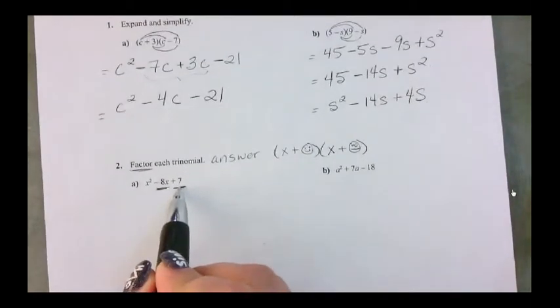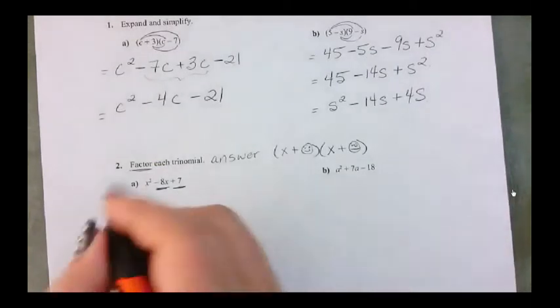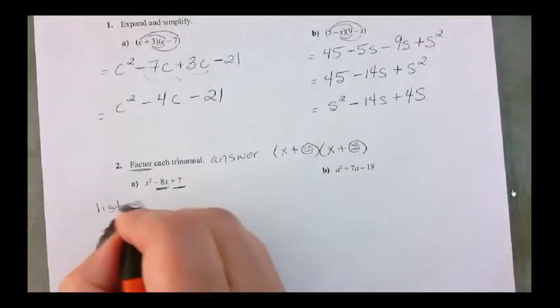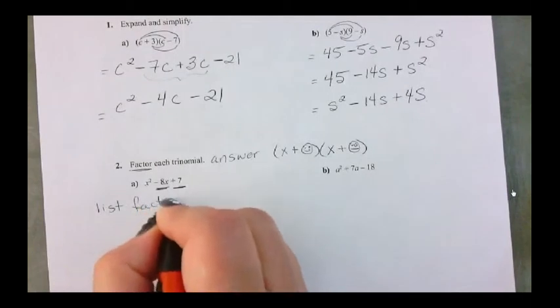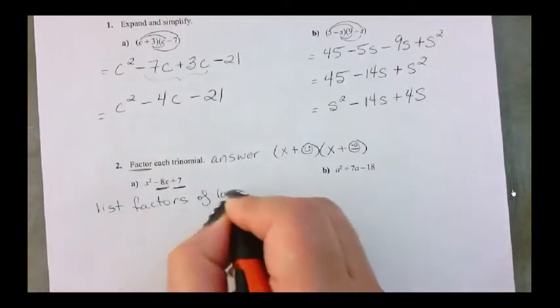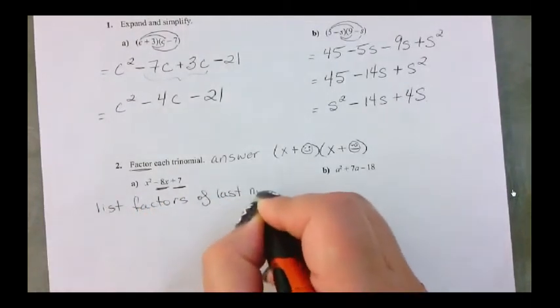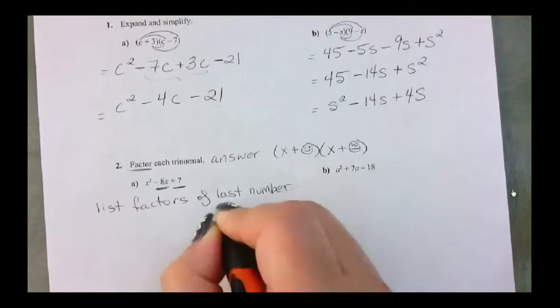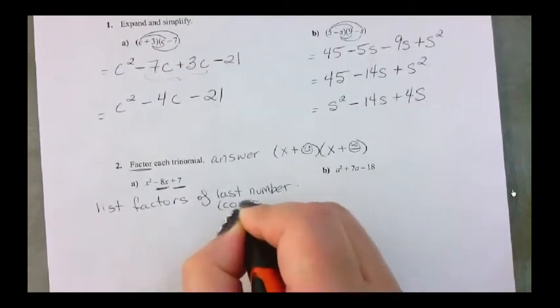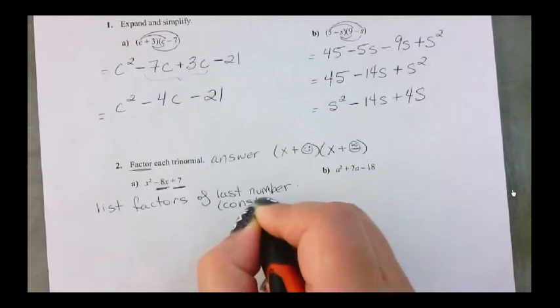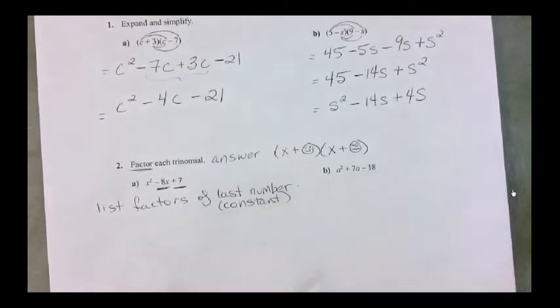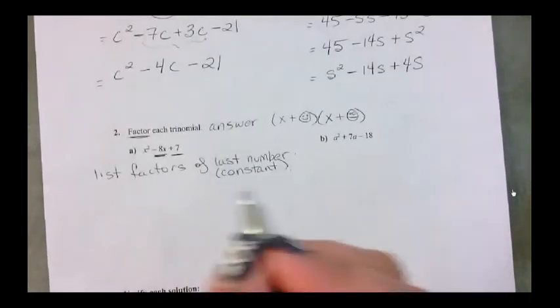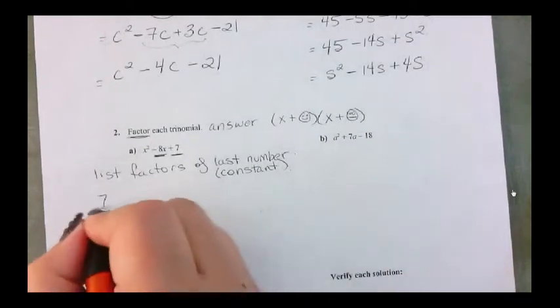Divide, or I look for the factors, right? So what are all the factors of 7? You want to list the factors of the last number. Or, more correctly, I should say the constant. What are all the factors of the constant 7?